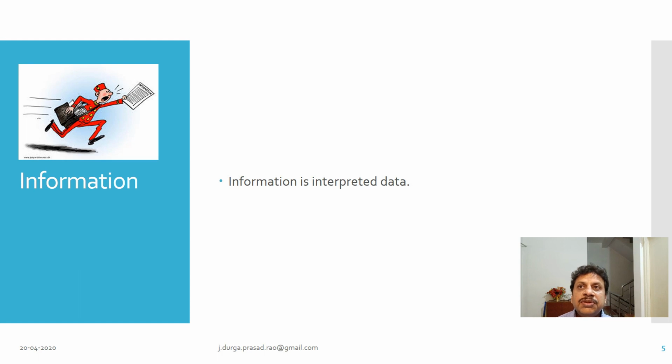The relationship between symbols and what they represent is the essence of what we mean by information. Hence, we can say information is interpreted data. Interpreted data, that is, the data which has been interpreted is known as information. That is data supplied with semantics.